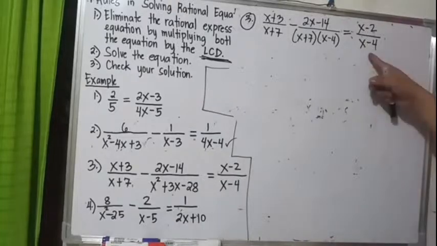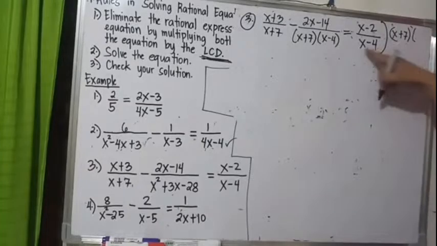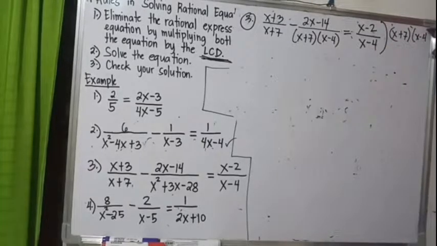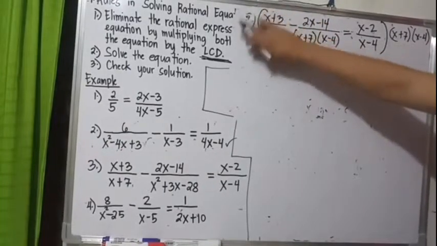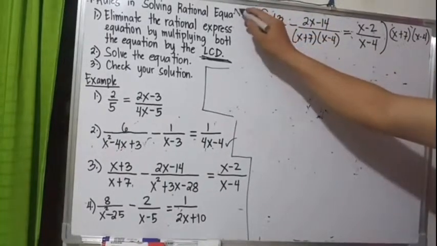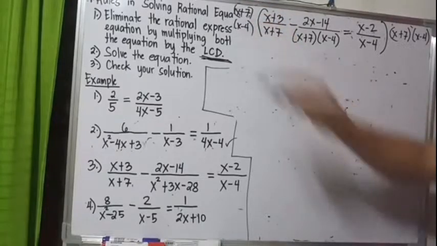Okay, so here, what is our LCD? Whatever the denominator is, that is our LCD. So our LCD is x plus 7 times x minus 4. Multiply both sides by x plus 7 times x minus 4.